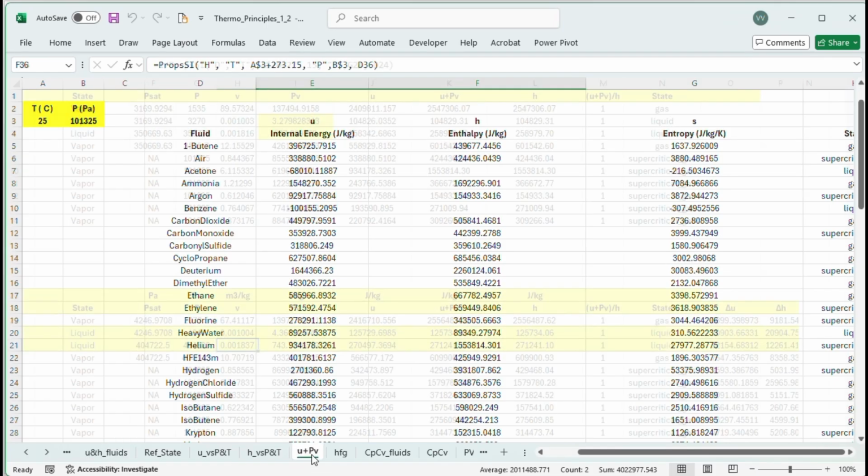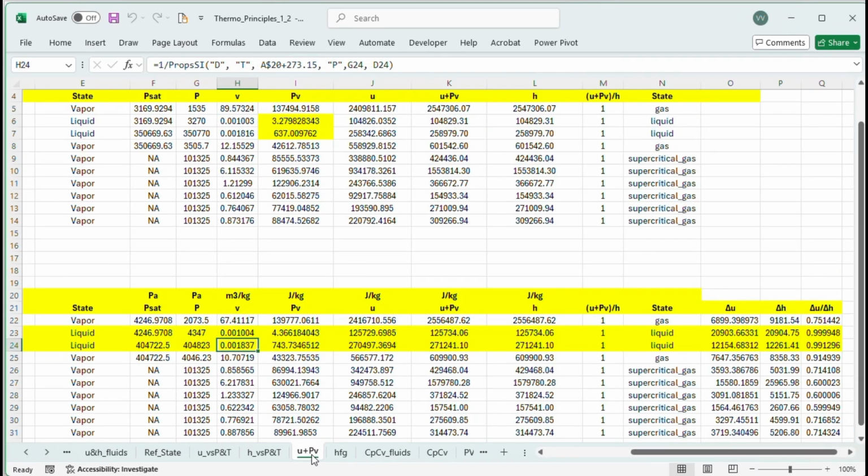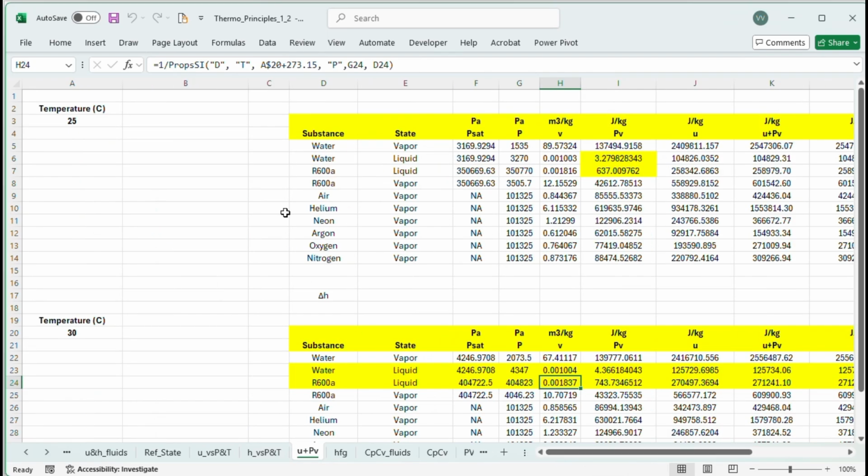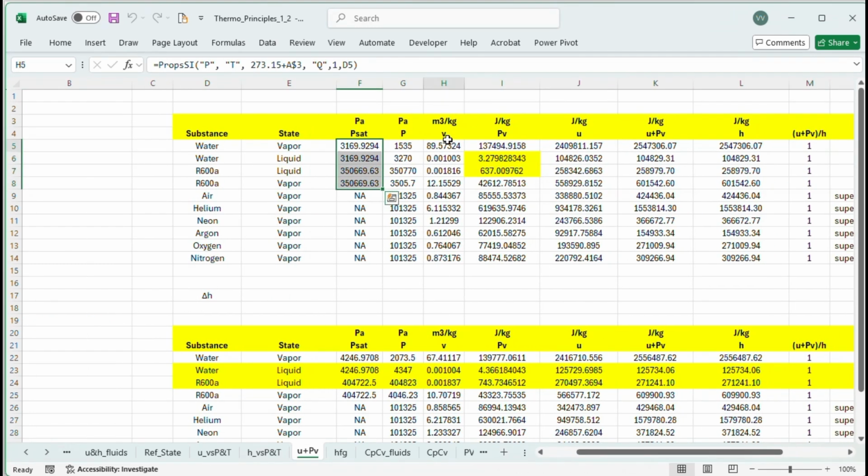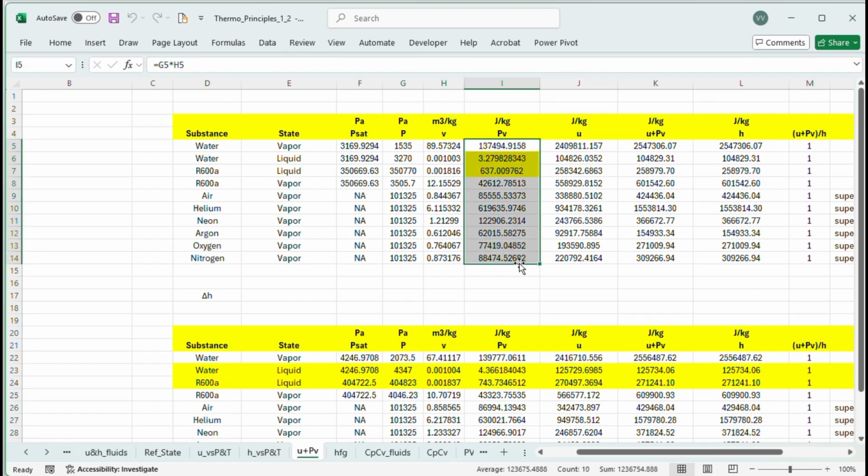For that, we'll go to this file here and look at a standard temperature of 25 degrees C. We vary the pressures and calculate the specific volume for all these gases and liquids, then multiply the pressure and the specific volume, so we have the PV term. So we have the internal energy and the PV term.